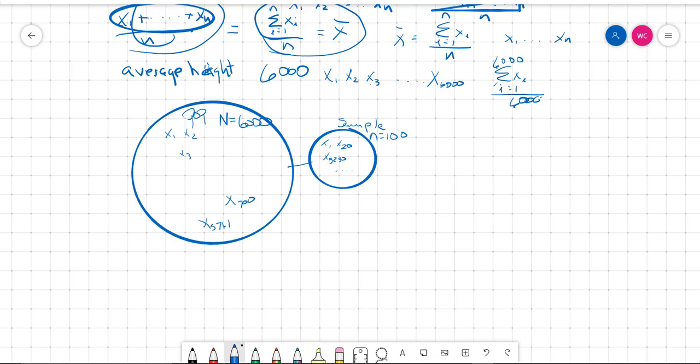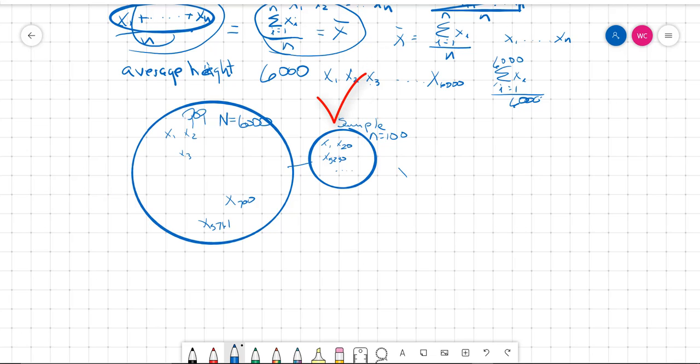And then what are we trying to do? We still want to know what's the mean for this whole population, but we're only going to calculate the mean for this sample. Now, obviously, the mean of this doesn't have to equal the mean of this. But anyway, we're going to calculate the mean of this.